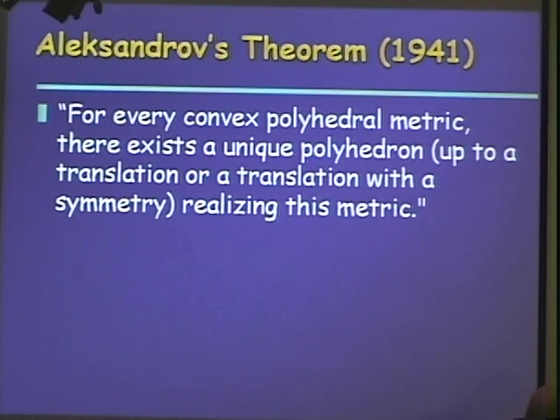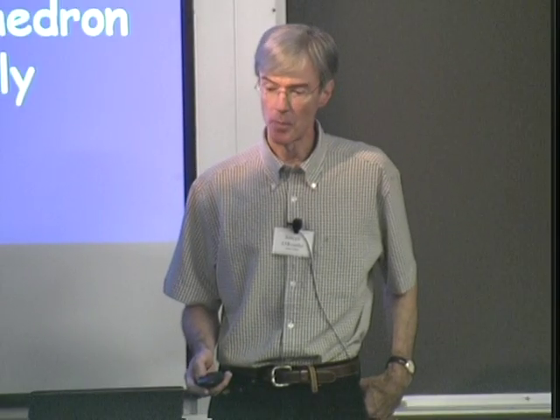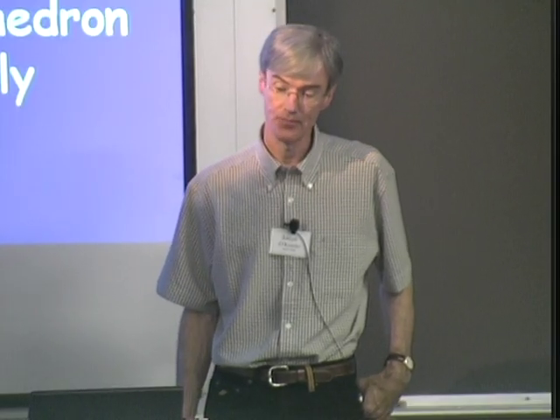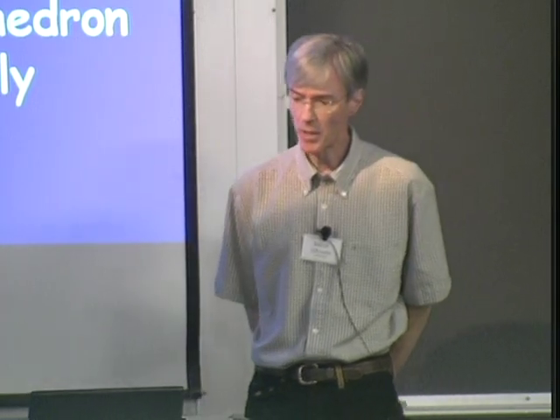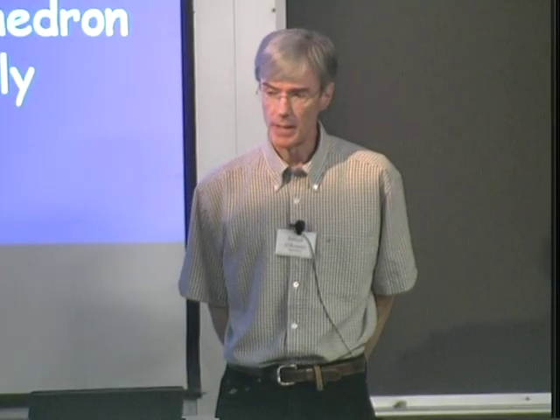For every convex polyhedral metric, there exists a unique polyhedron up to translation or translation with a symmetry, realizing this metric. And let me give you another version, which is a little clearer for my purposes, from Pogorelov, who was a student of Alexandrov and continued a lot of his work. And this is from Pogorelov's book. I forget the title at the moment.